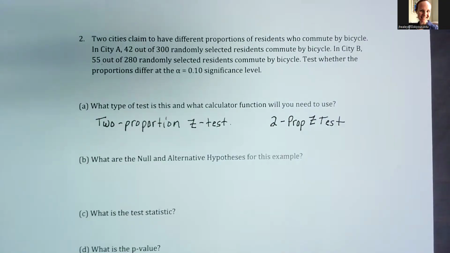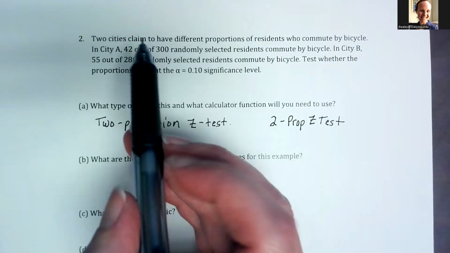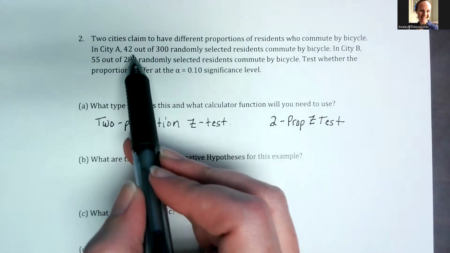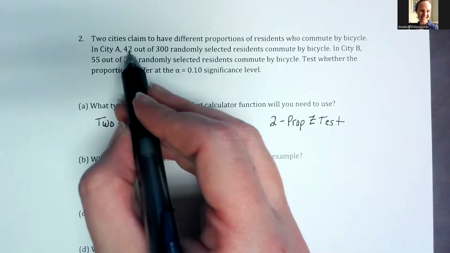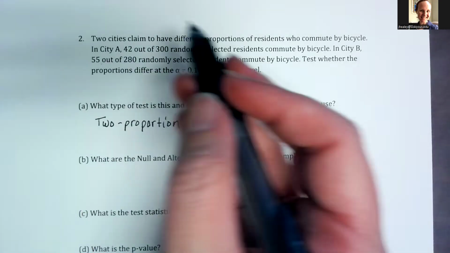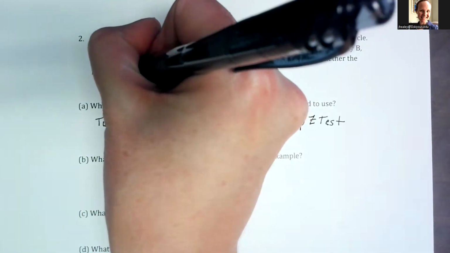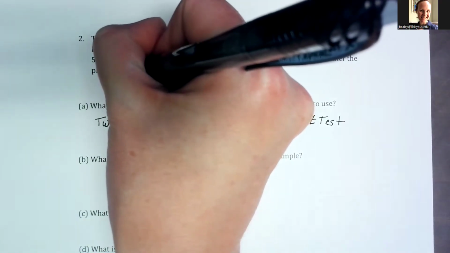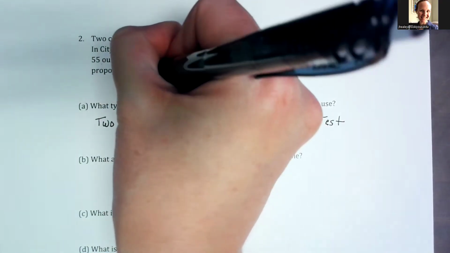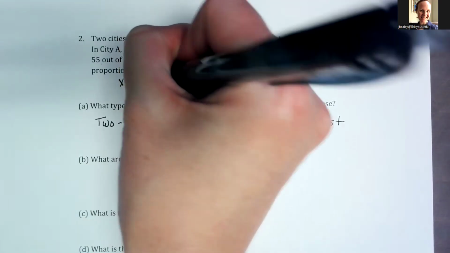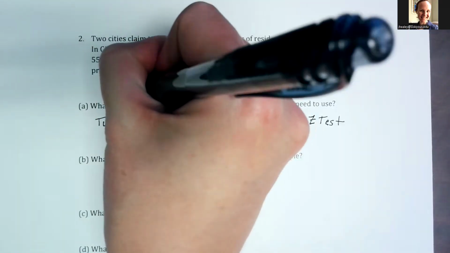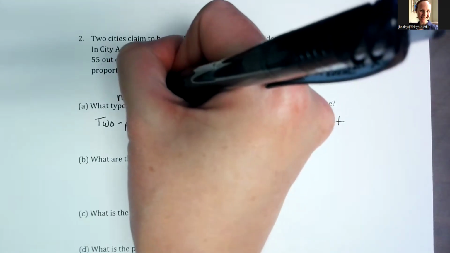Okay. So things that we need from up in the problem, they gave us 42 out of 300 for our City A scenario. So our X1 is 42 and our N1 is 300.